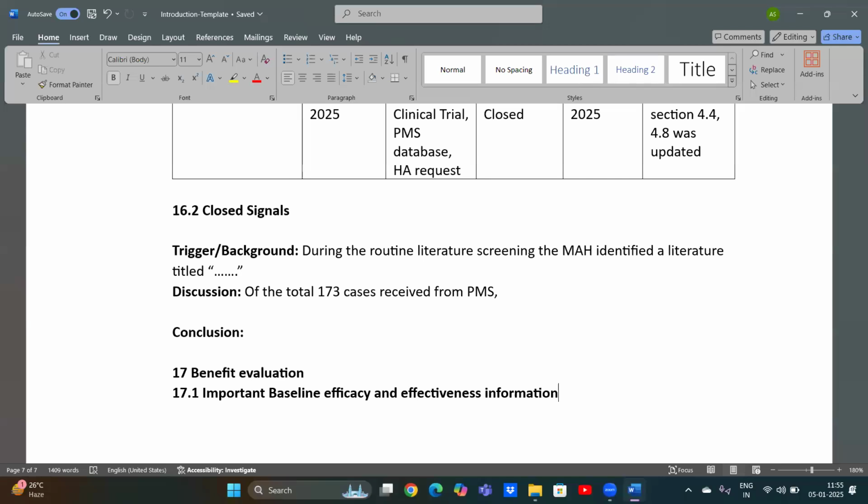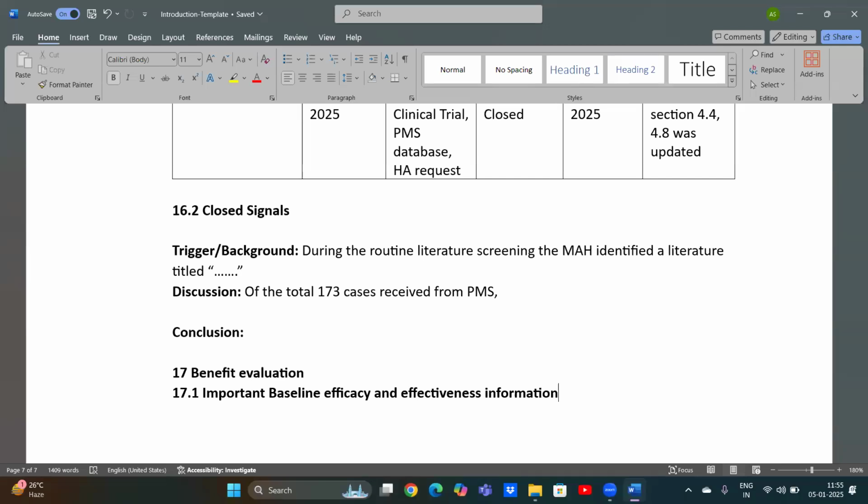If there is some heading, then there should be some reason behind it, right? So what is the difference between efficacy and effectiveness? Anybody?